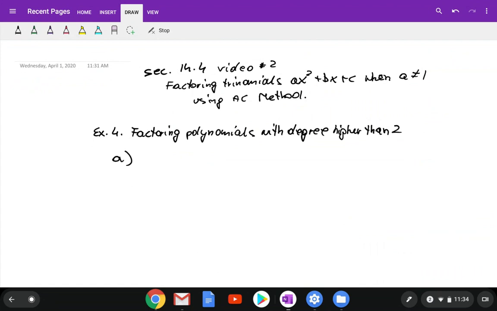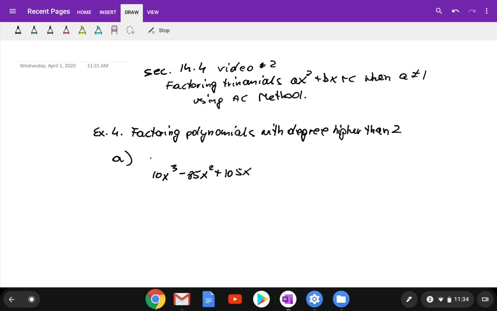You have 10x to the third power minus 85x squared plus 105x.